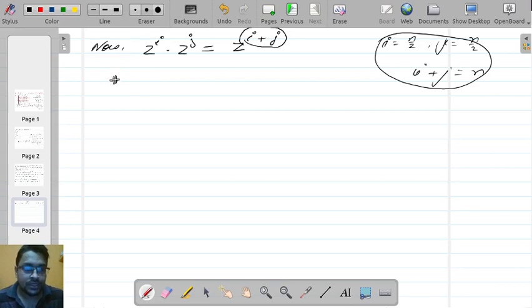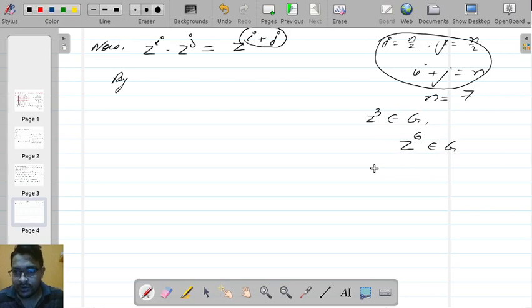So by division algorithm, I will give you an example. Suppose your n is say 7. So z to the power 3 is an element inside G, right? And z to the power say 6, that is also an element inside G. But if I multiply z cube with z to the power 6, then I'll get z to the power 3 plus 6, that is z to the power 9.